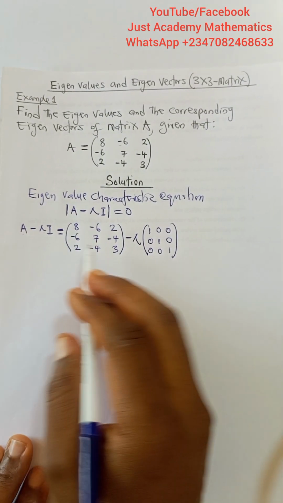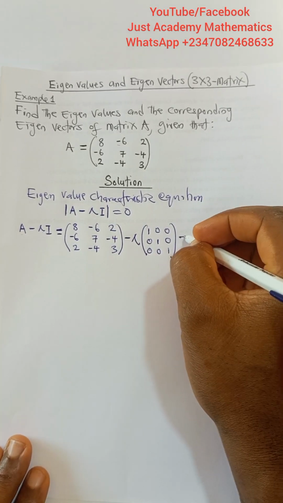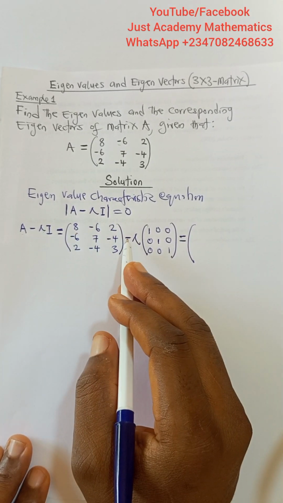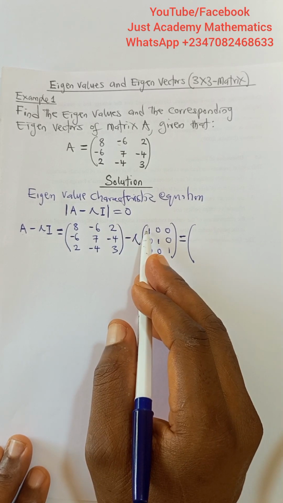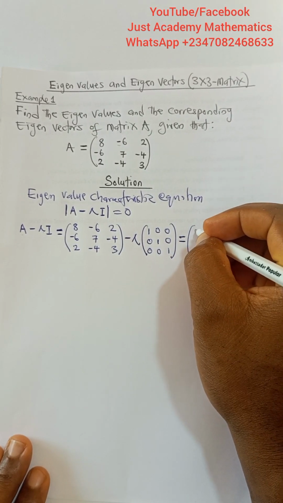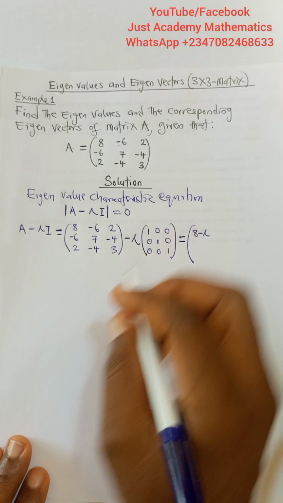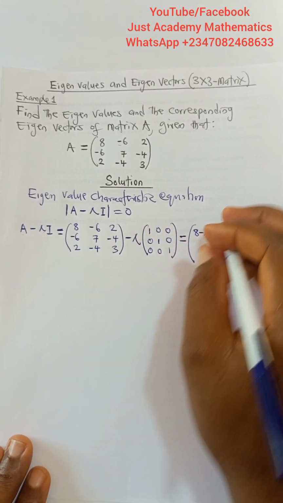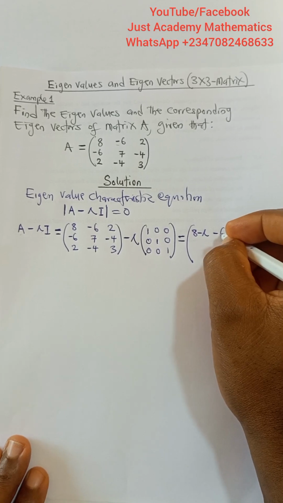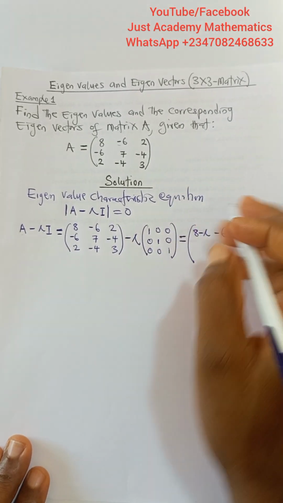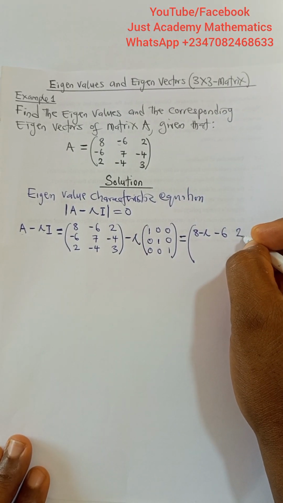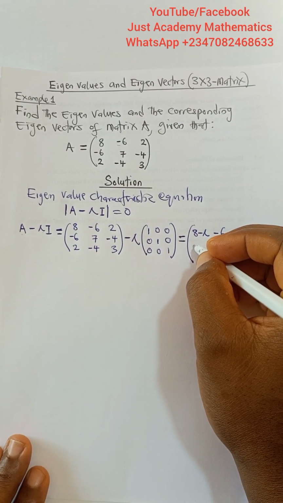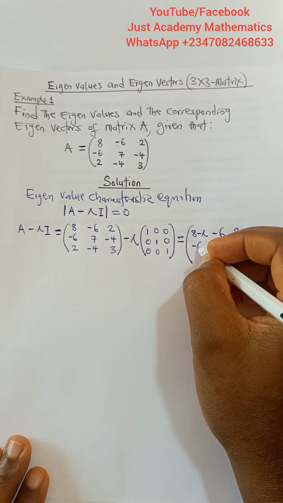So if we perform this operation, we will get 8 minus lambda times 1, which gives us 8 minus lambda. Minus 6 minus lambda times 0, lambda times 0 is 0, will still give us minus 6. 2 minus lambda times 0 will give us 2. Here minus 6.